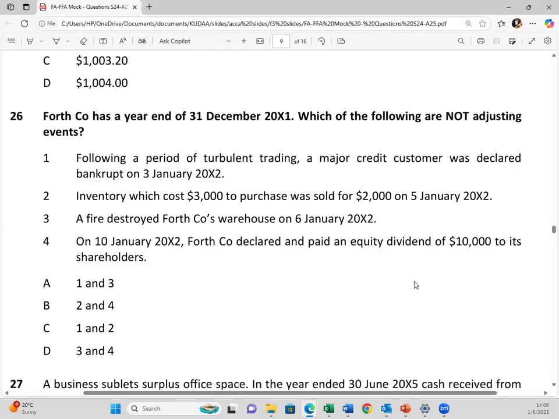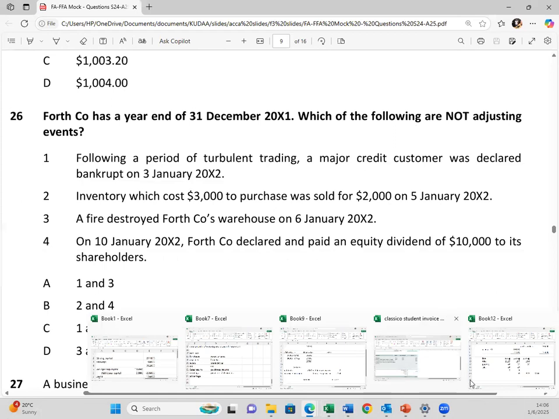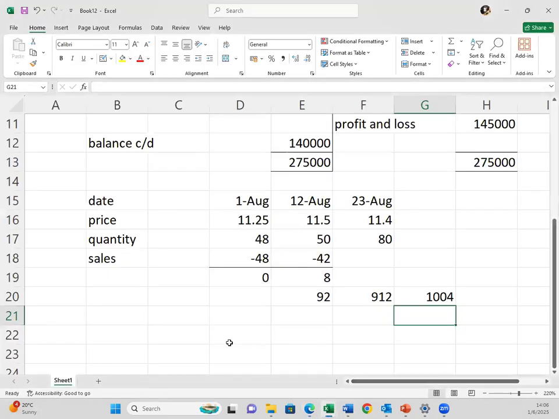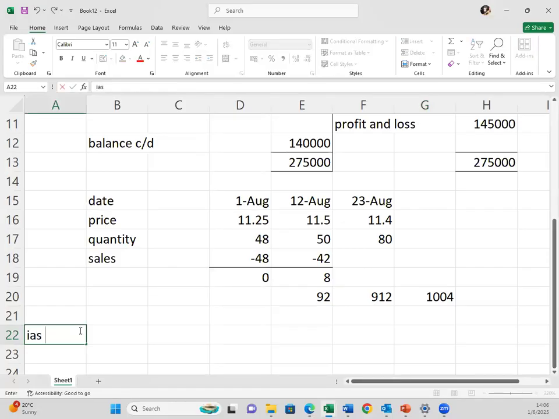Fourth company has a year ending 31 December 20X1. Which of the following are not adjusting events? So IAS 10 tells us events that are regarded as being adjusting and non-adjusting events. So what did we say adjusting events are? What are adjusting events?